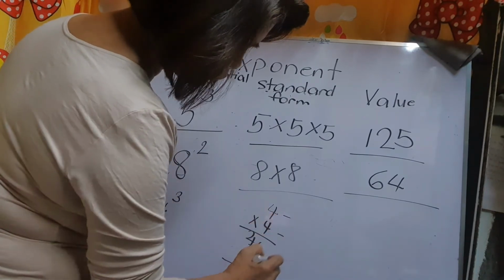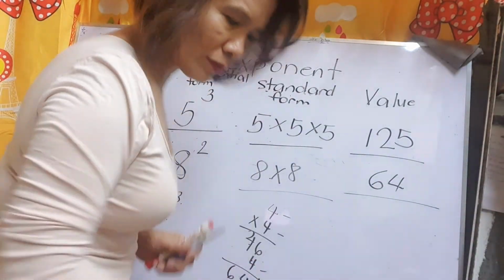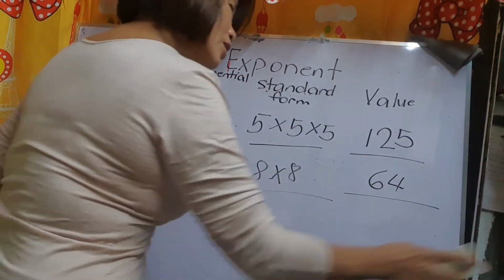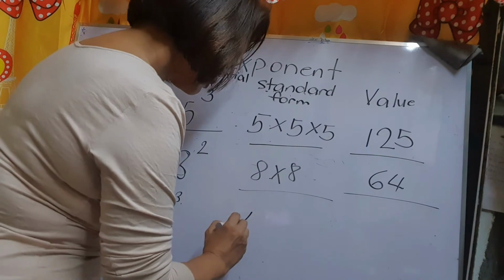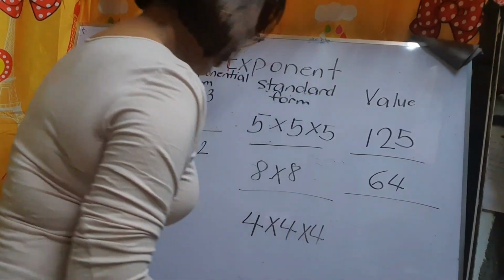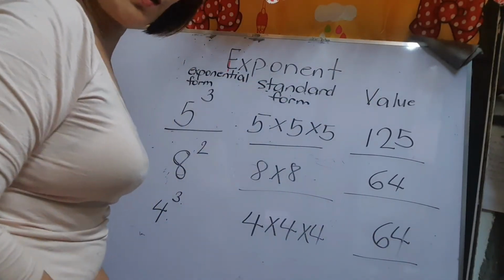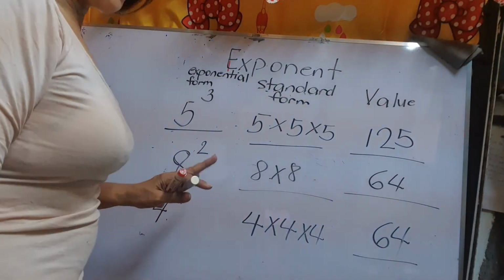So, 1, 2, 3, 4 to the third power. Tama naman. Diba? Meron tayo dito 4 times 4 times 4 is also 64. Okay? So, sa mga bata, nakita nyo ha?